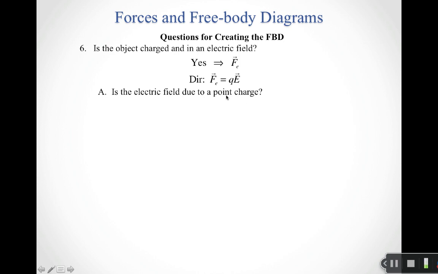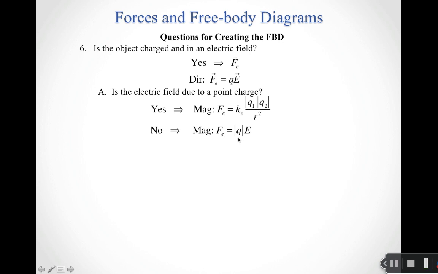If the electric field is due to a point charge, then I have a particular way that I'm going to be able to calculate the magnitude. This was the equation that comes from Coulomb's law that we talked about very briefly at the end of class last night. So this is the way to calculate the electric field on a point charge due to another point charge.